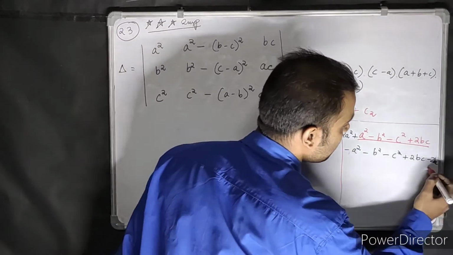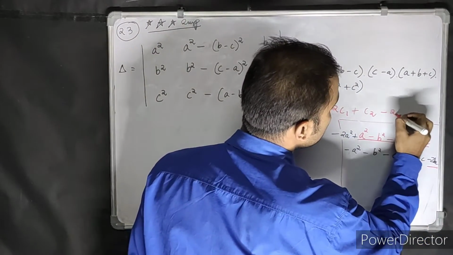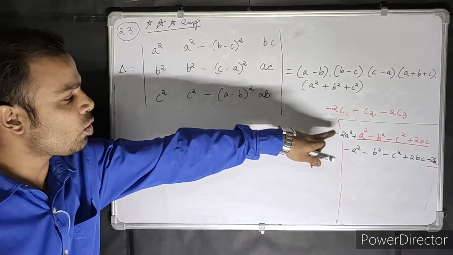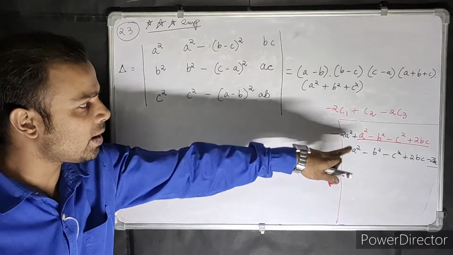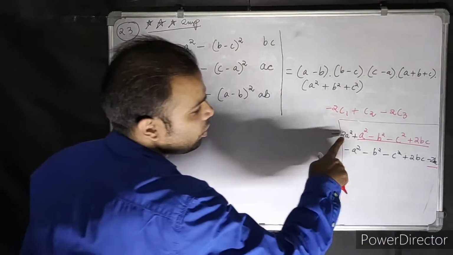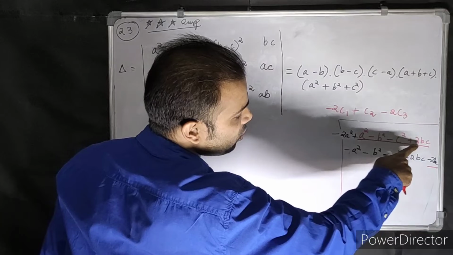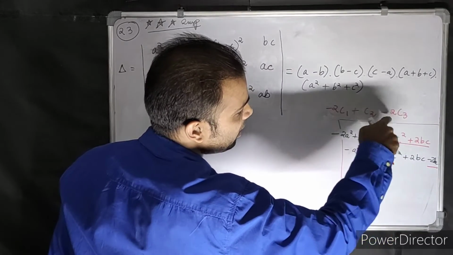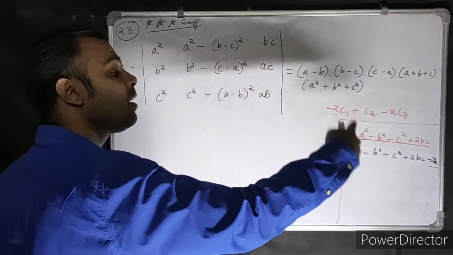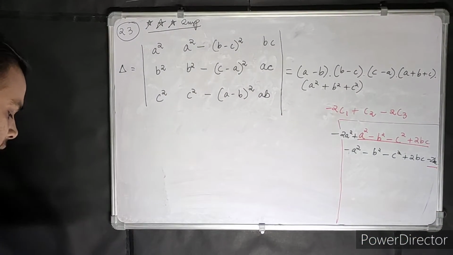And then I subtracted minus 2 into the column 3. If you multiply minus 2 into column 1, that becomes minus 2a square. Then this whole column is expanded and written this way. And because that 2bc is causing a problem, I multiplied minus 2bc using the third column element and I have solved it.